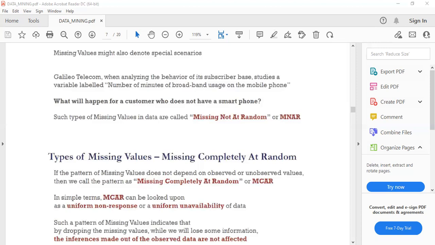Strategies for MNAR are to find more data about the causes for the missingness, or to perform what-if analysis to see how sensitive the results are under various scenarios.